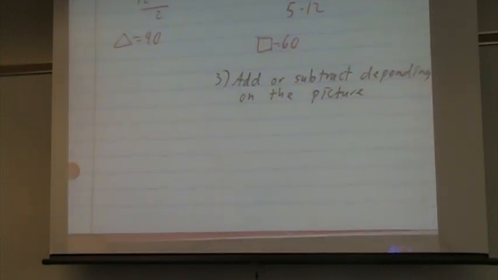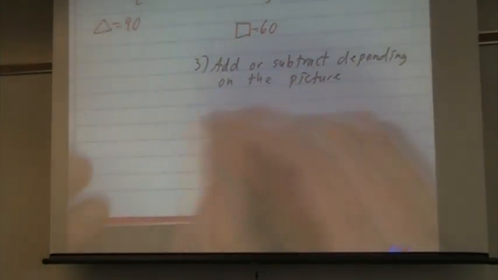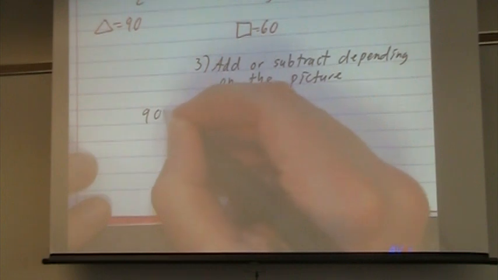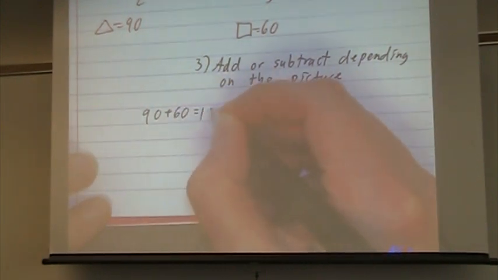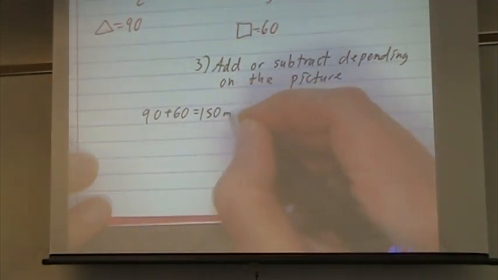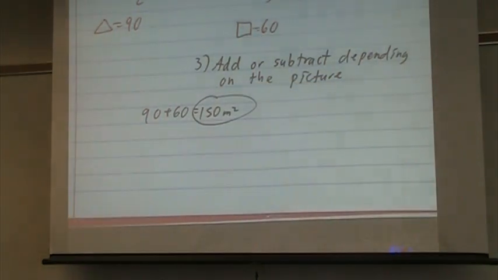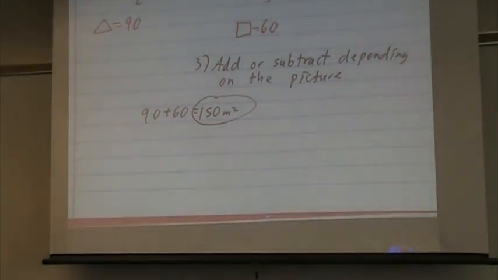Okay. And in this case, we're going to add 90 plus 60 equals 150. And I guess our units are meters squared if we wanted to do those. Cool. I will do one of the subtraction ones on your practice work if you'd like to see that next.